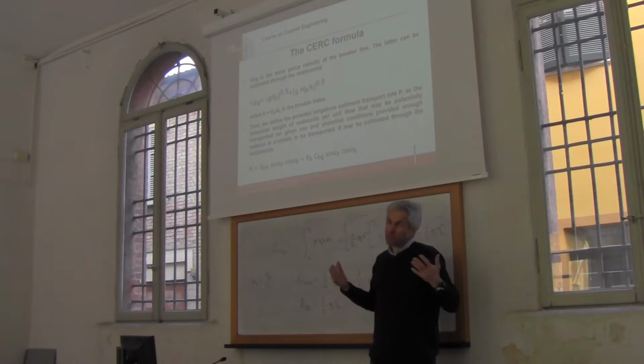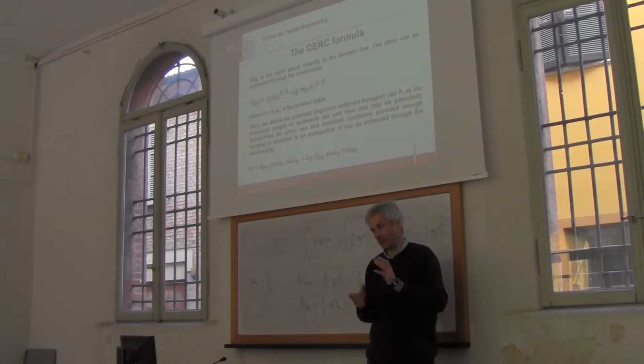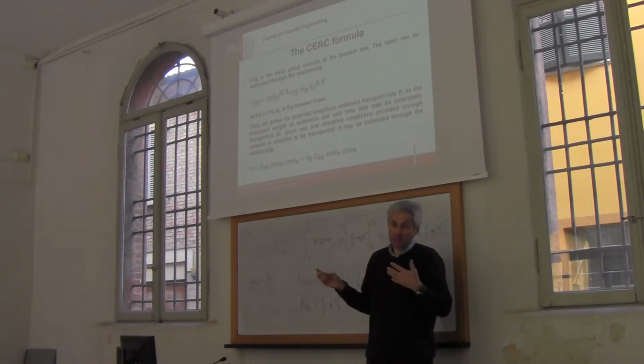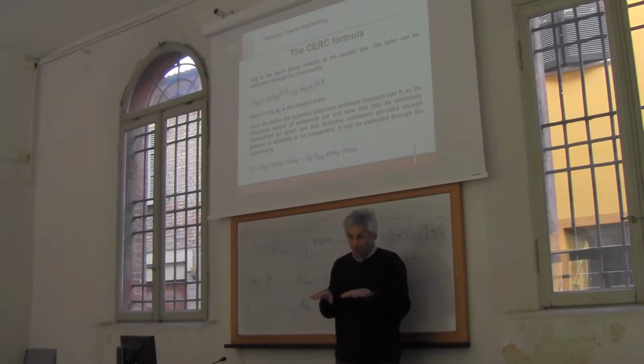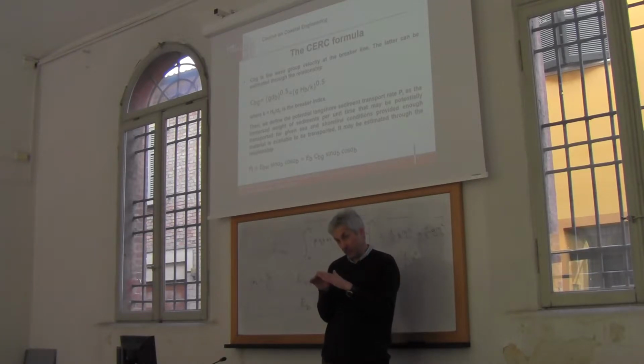Also, we are de facto excluding the case where the wave is parallel to the coastline, because it doesn't really happen. It may happen that waves are almost parallel to the coastline, especially if the coastline changes its direction. But you know that usually waves tend to approach the coastline at an angle because of refraction.